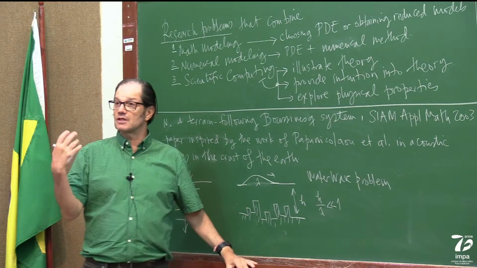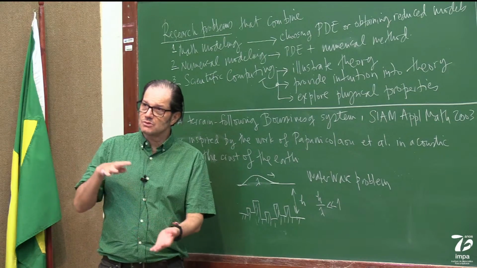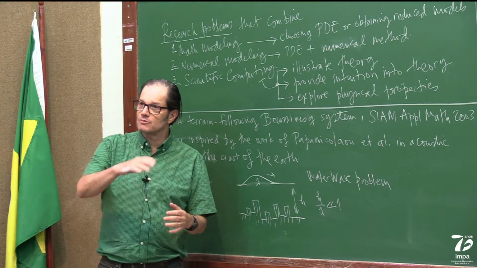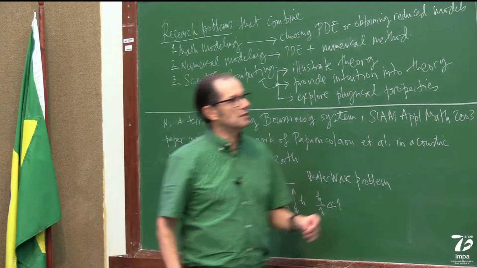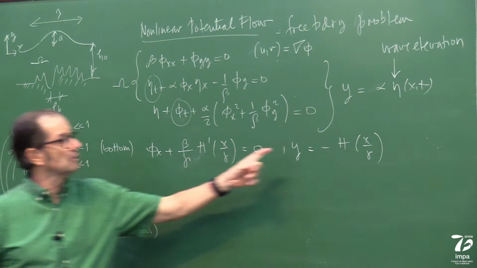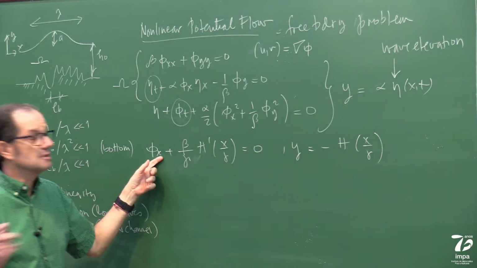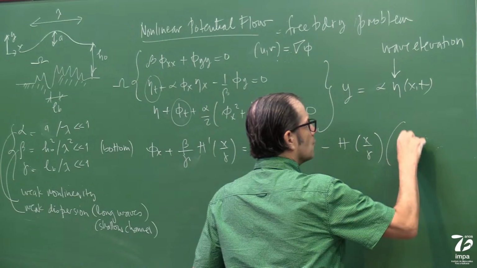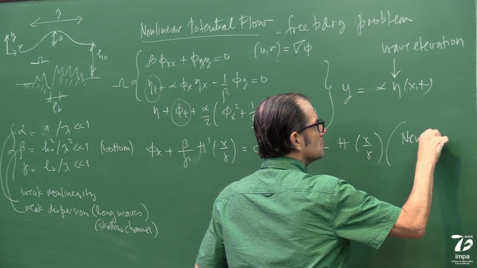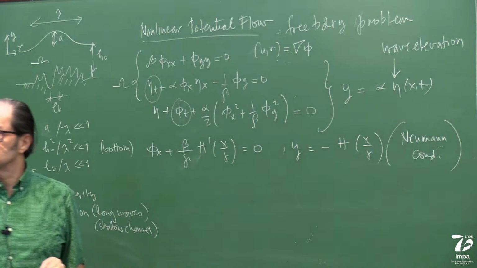So most of the theory that was available was not only for small amplitude bottoms but also smooth bottoms, so that you could differentiate this function here, which is the profile of the bottom. And this condition is written in a way that maybe you can't recognize, but it's nothing more than the Neumann condition.